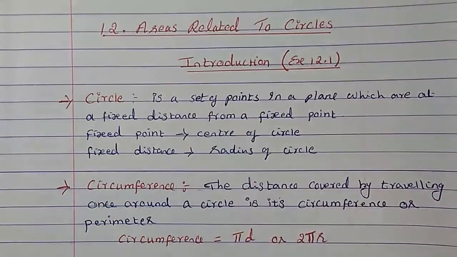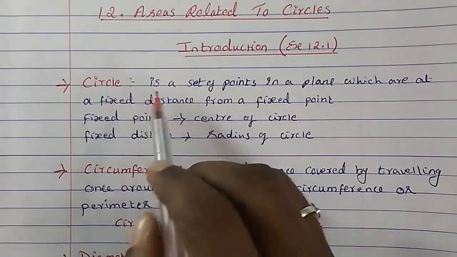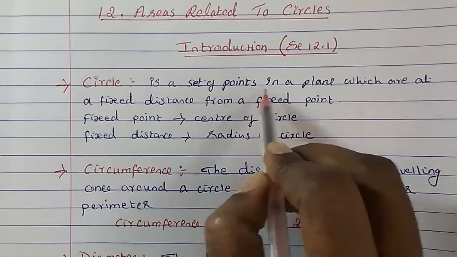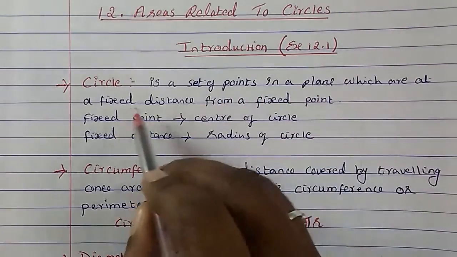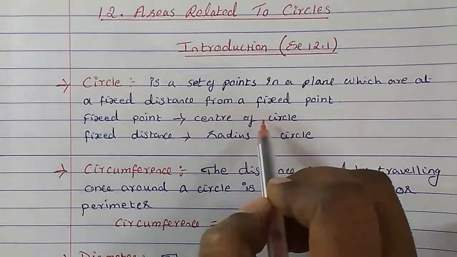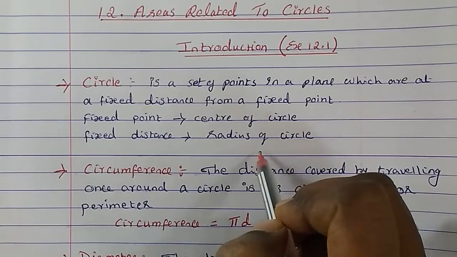You have already studied the circle definition in smaller classes also. A circle is a set of points in a plane which are at a fixed distance from a fixed point. The fixed point we call the center of the circle and the fixed distance is called the radius of the circle.